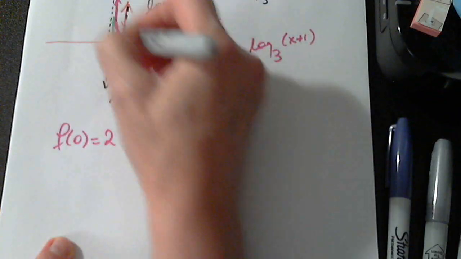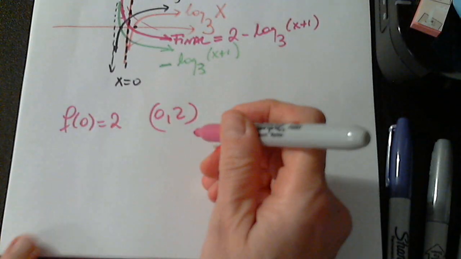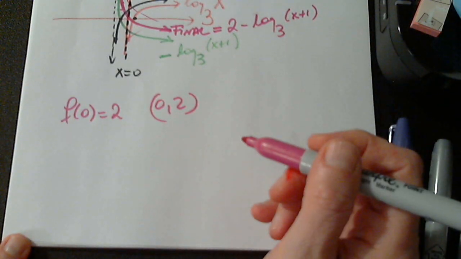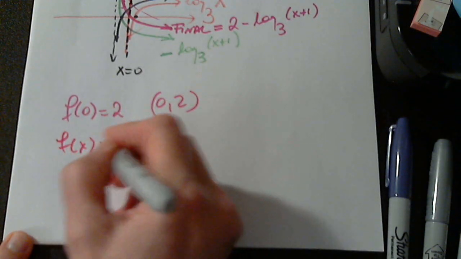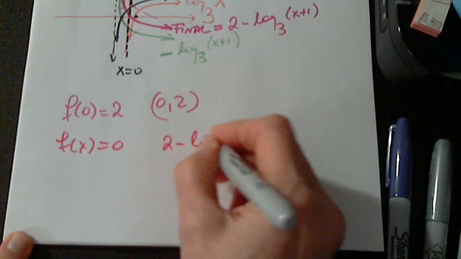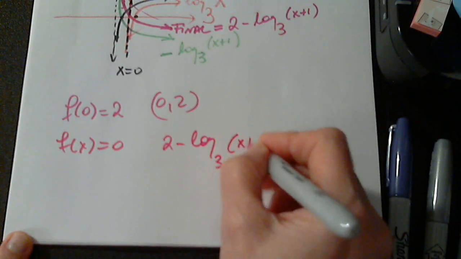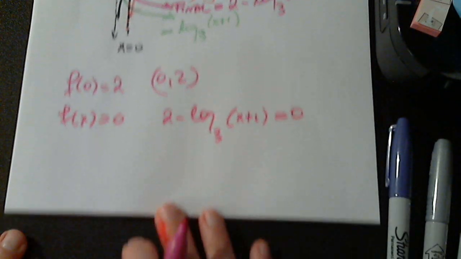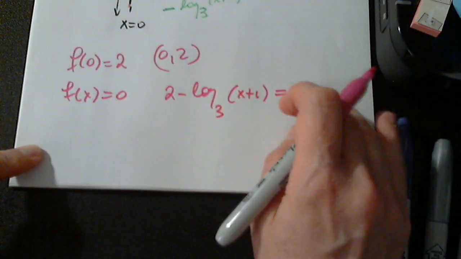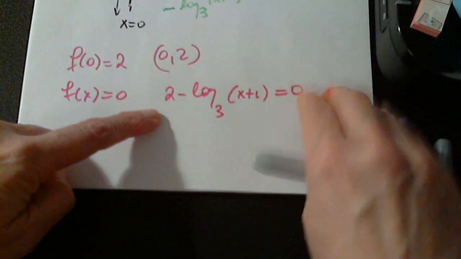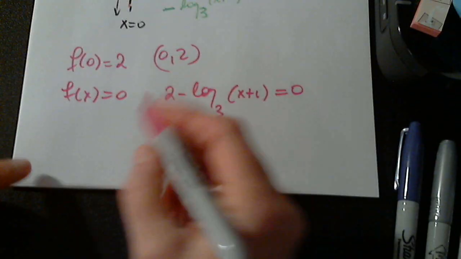A quick graph so I can see the shape. If I want to determine the exact x and y intercepts, I have to do more work. Okay, and f of x equals 0. We have 2 minus log base 3 of x plus 1 is 0. We move to, maybe this one is easier, or it doesn't matter. When I move log to the other side, I can read the problem from the other side.